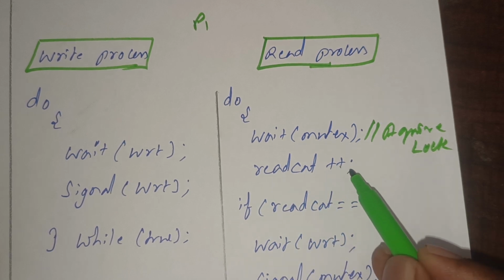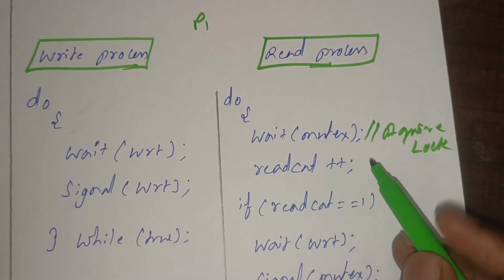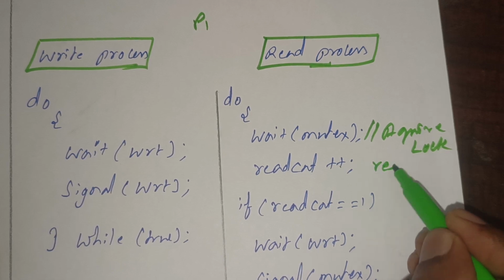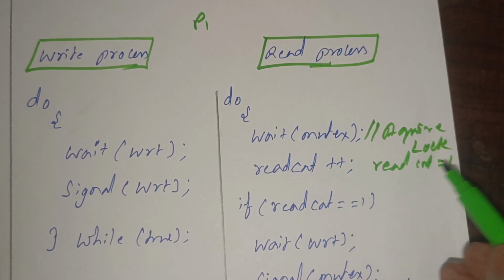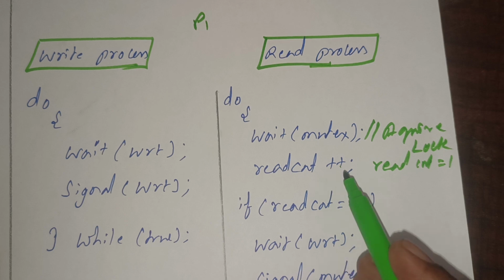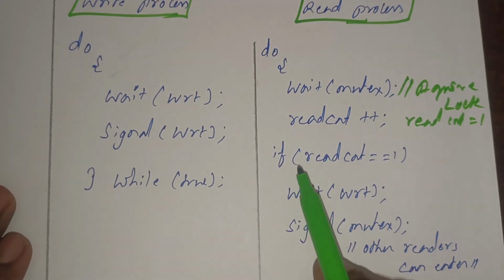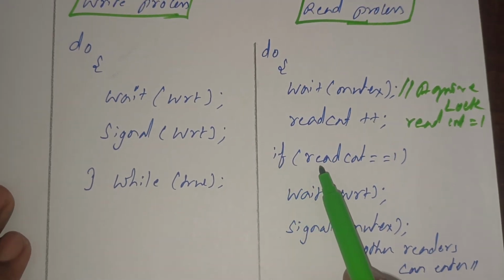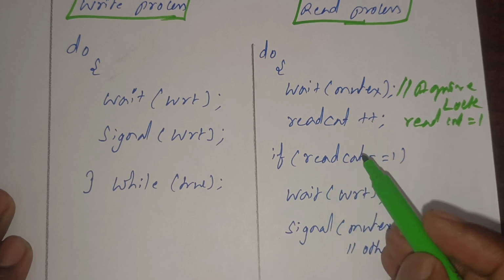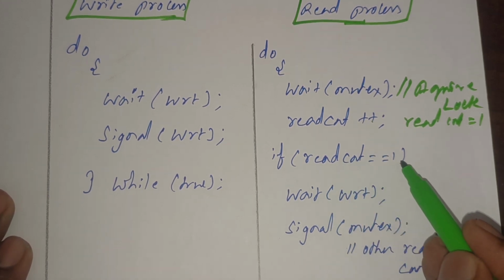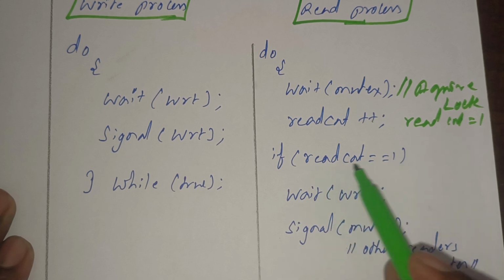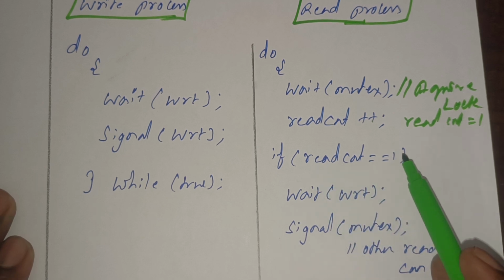Why is this read count incremented? It increases by 1. For example, read count is equal to 1 now after this increment. That indicates how many readers are inside. That's the procedure, right? So let me get into the next line. If read count is double equal to 1, that means a reader is already inside.